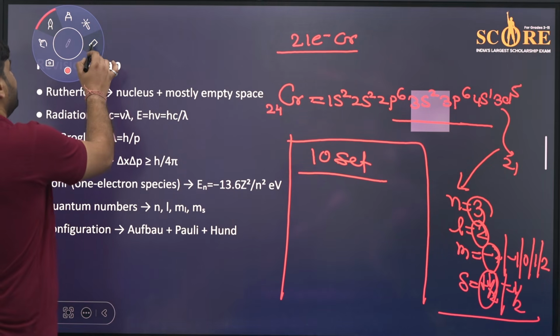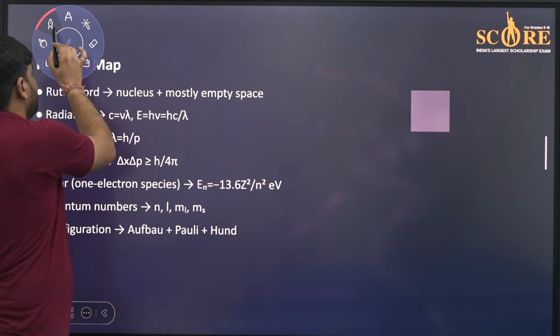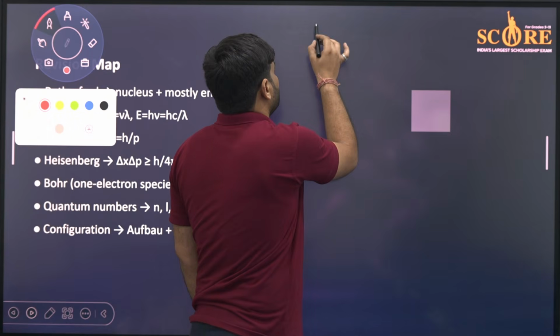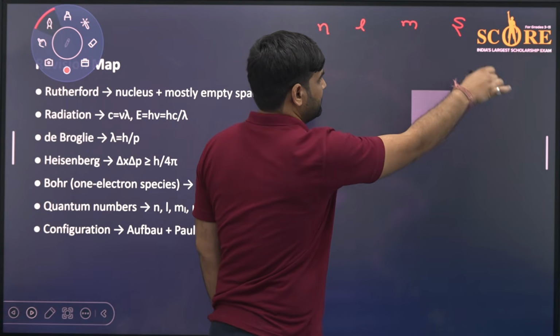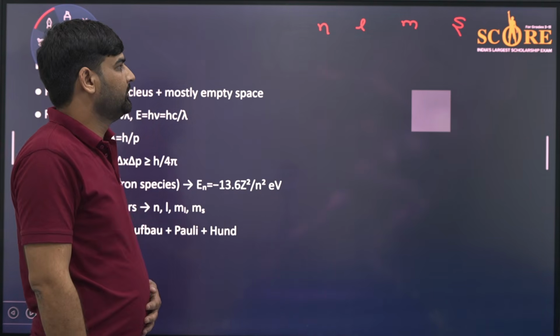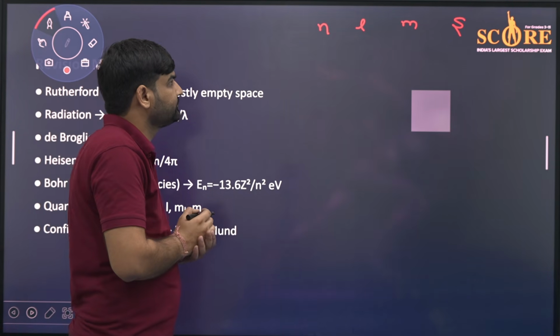Next question is that you have to find which quantum number set is incorrect. So there are N, L, M and S: principal quantum number, azimuthal quantum number, magnetic quantum number and spin quantum number.